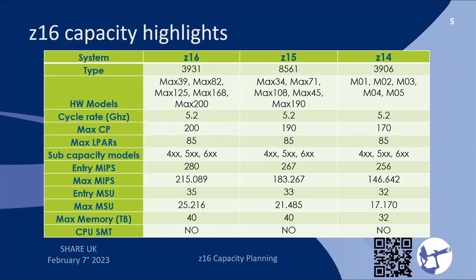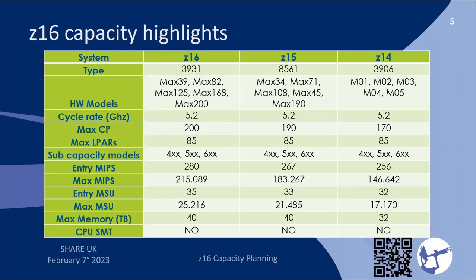This is something that is completely out of reach for most companies, but there are a couple of companies in the world that are at those figures. So from the architectural point of view, they can still grow their capacity.